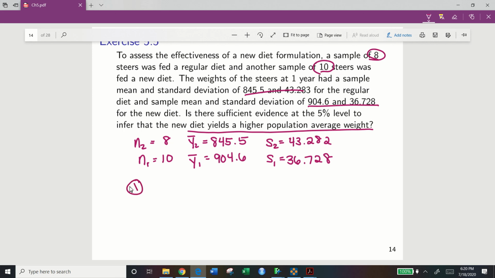So to begin, we're going to write out our two-lined hypothesis. I'm going to do mu1 minus mu2, which equals 0, versus mu1 minus mu2 greater than 0, because I'm going to assume that my new diet, which is my first group, is going to have a higher population mean than the old diet.